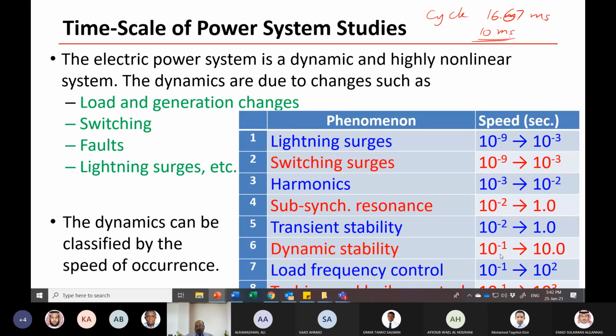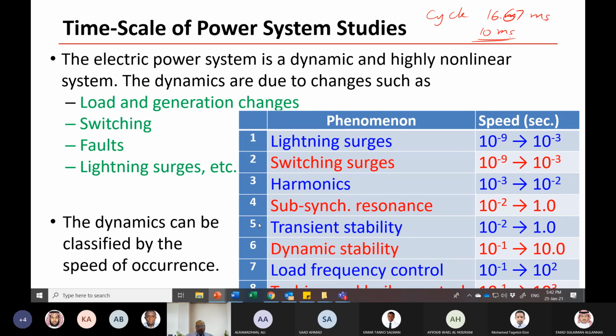For dynamic stability, the time frame is a little bit higher, from 0.1 second, 100 milliseconds, 6 cycles, up to 10 seconds, and you can have 600 cycles. So these are the times that we are interested in.